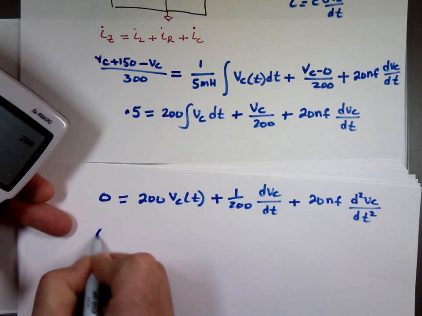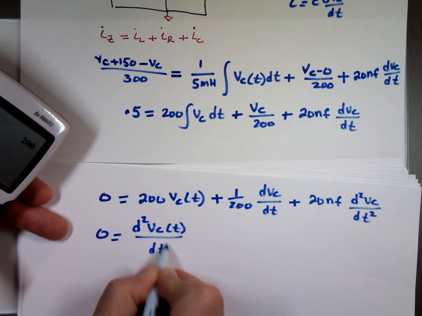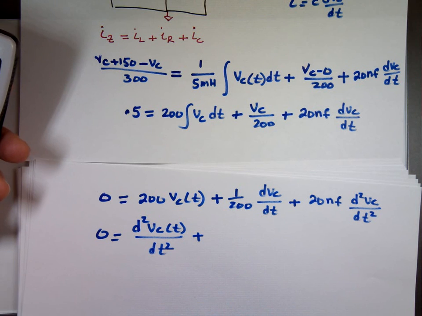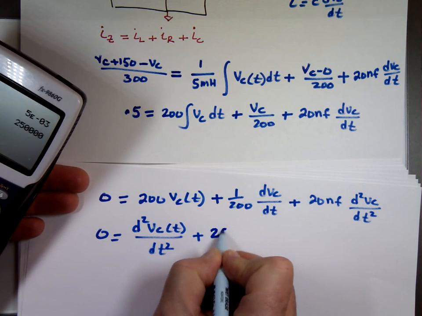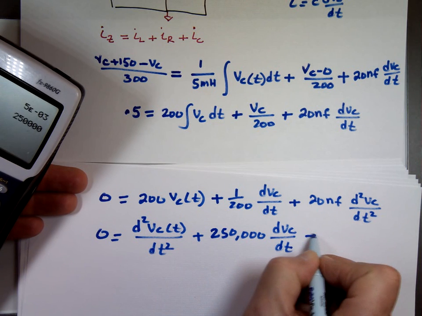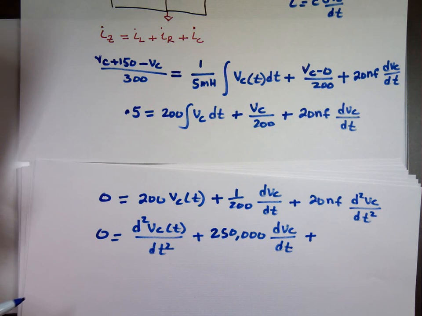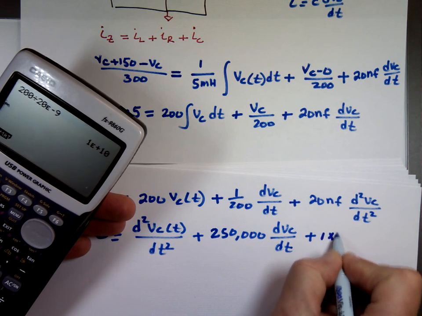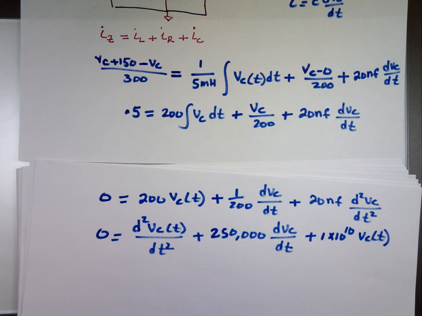So 0 equals the second derivative, plus (1 over 200) divided by 20 e to the negative 9, which is 250,000, dVC dt, plus 200 divided by 20 e to the negative 9, which is 1 times 10 to the 10th, VC. And now that fits the format that I have.